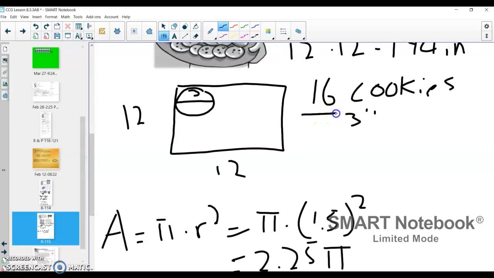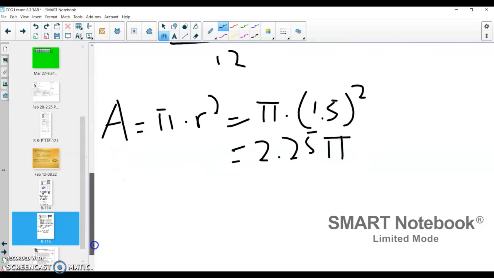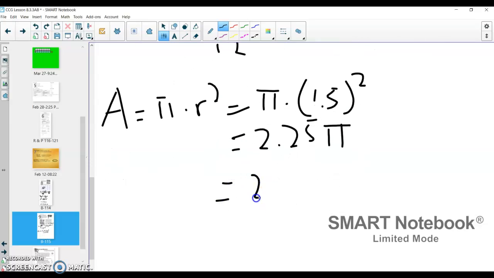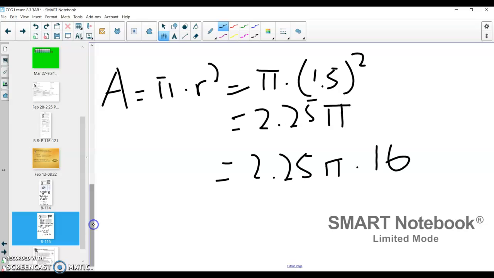I said that I could get 16 cookies on that sheet, so I multiply 2.25 pi times 16 for the area of all my cookies. The area of all my cookies, if it's 3-inch diameter, is going to be 36 pi.